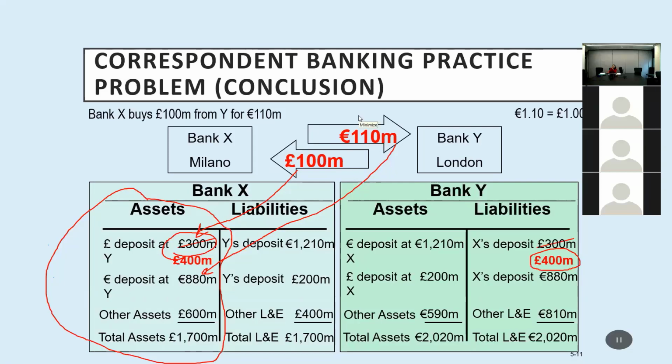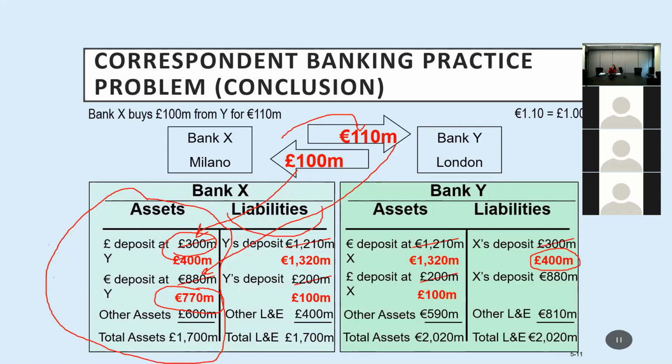Yep, that's the right answer. Thank you so much. Anyway, let me go back here. We're just looking at the pounds here. So in terms of the asset side of Bank X, because we are paying the euros to Bank Y, we would expect to see a decrease in the euro holdings for Bank X on their asset side.